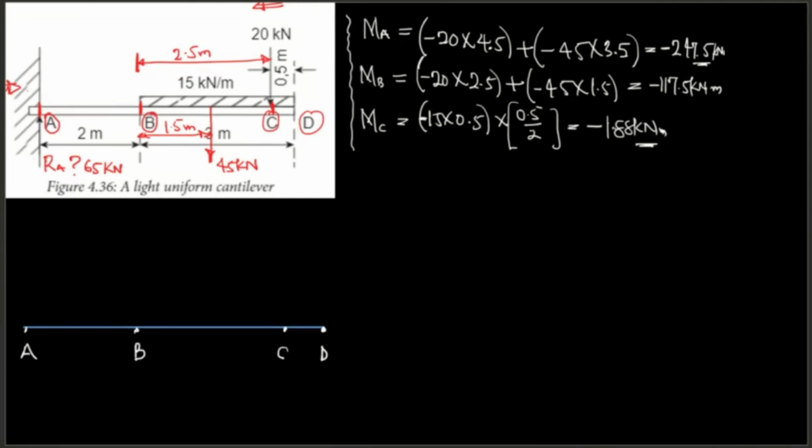This is 0. Bending moment at C is minus 1.88. Minus 117.5. Minus 247.5. Well, that will be down, down, down there.